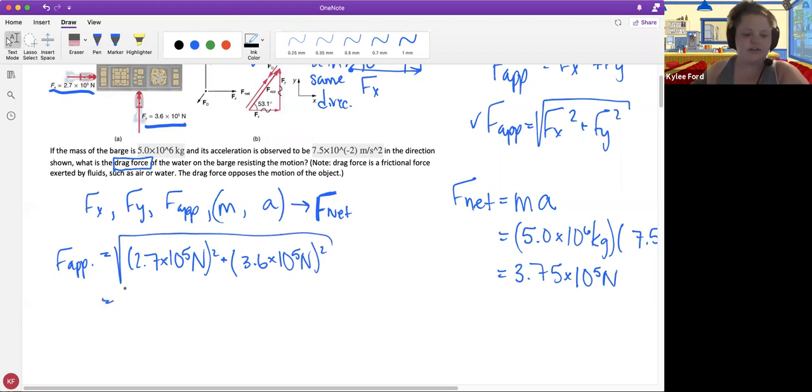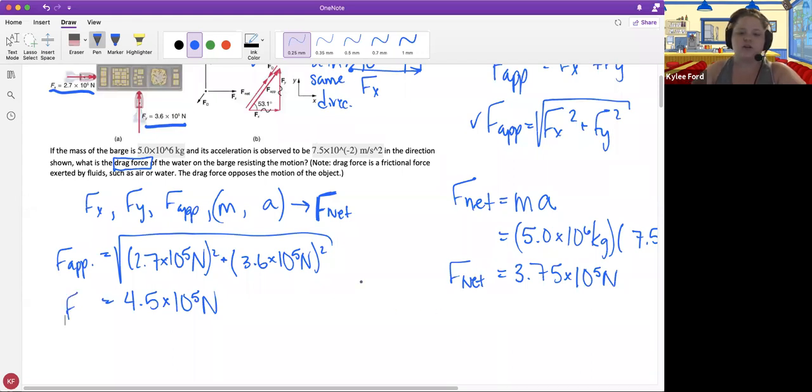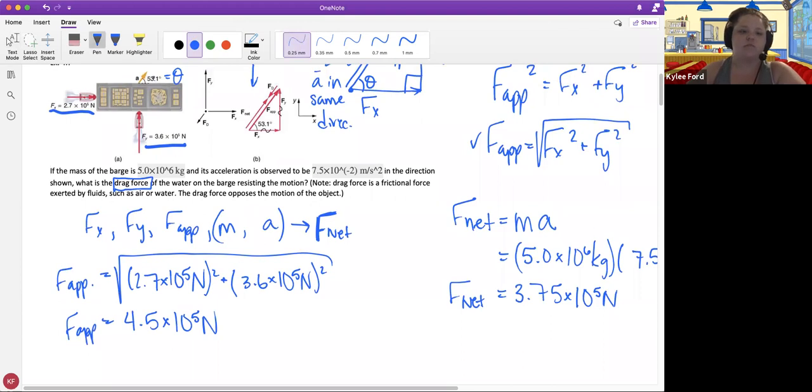Plug that into your calculator and you get 4.5 times 10 to the 5th newtons. Okay, so now we have our net force. Our net force, again, is our overall force, including our drag force. And then we have our applied force, which is the applied force on the barge by these two little boats.